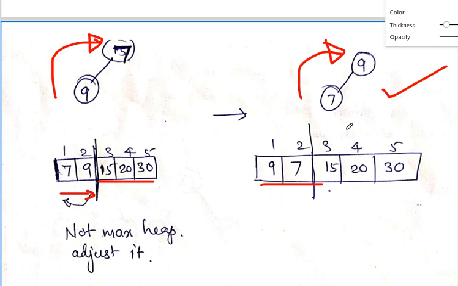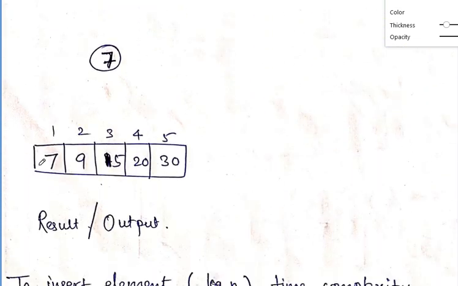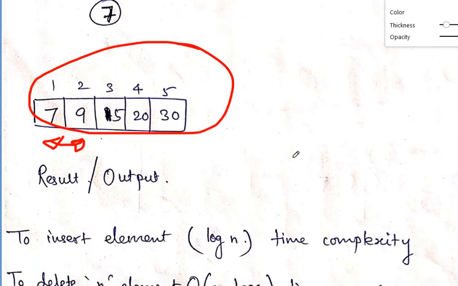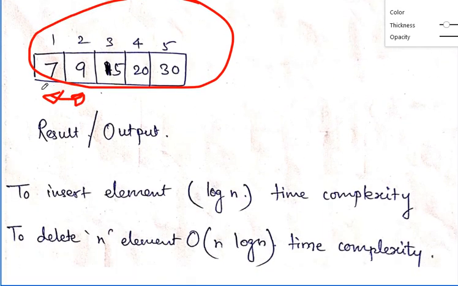Once it satisfies the maximum criteria, we can delete 9. If 9 is deleted, 7 and 9 must be swapped with each other, and this is how the final result of the heap sort is obtained. These are the sorted elements, and that is what is called heap sort.